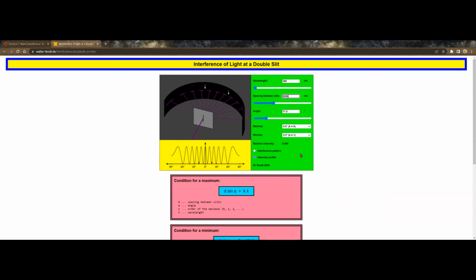You can see that I have light coming in. It goes through two slits, even though it shows one, but it is two slits. Then this is the pattern that you're actually seeing. Now look what happens. This is a short wave, and look at the fringe separation. Now I'm going to increase the wavelength, and you can see that the fringe separation has spread out. If I make it even longer, they spread out even more.